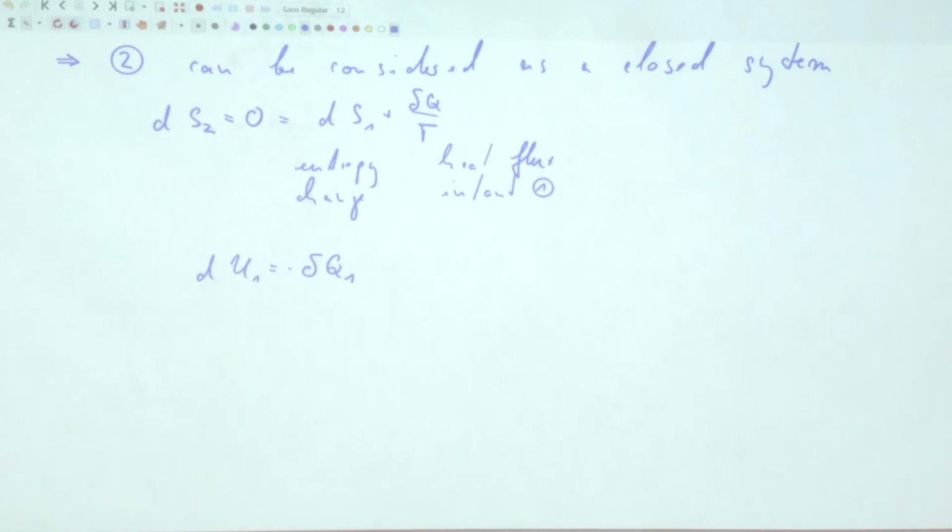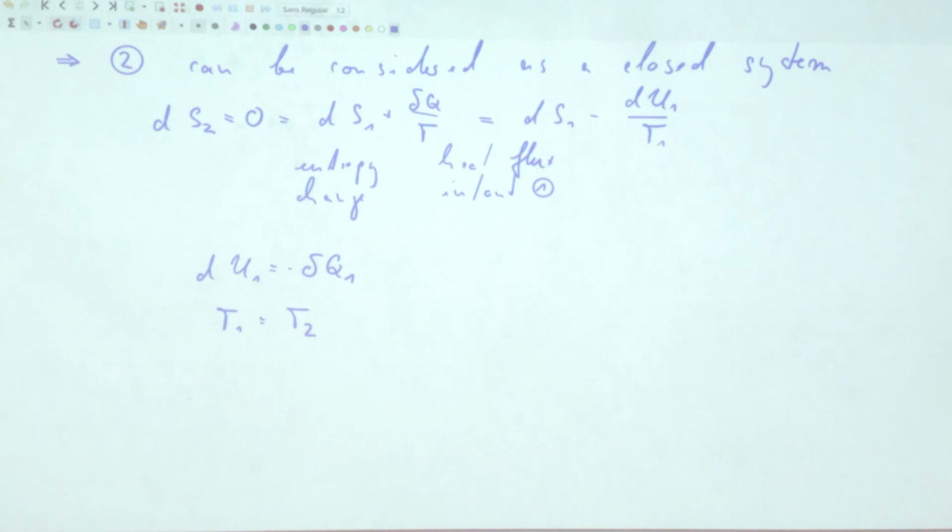And since the temperature in system 1 and 2 is the same, this means ds1 minus du over T, 1 or 2, has to be 0 here.